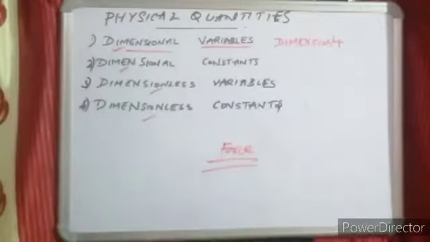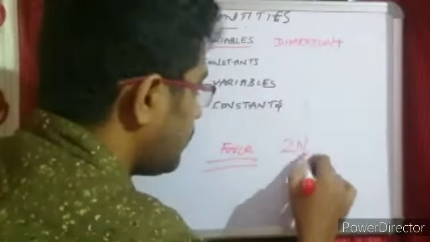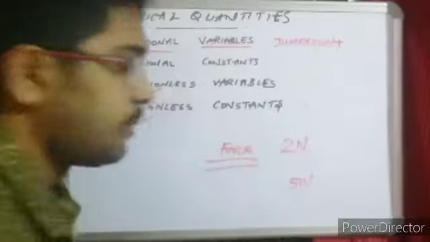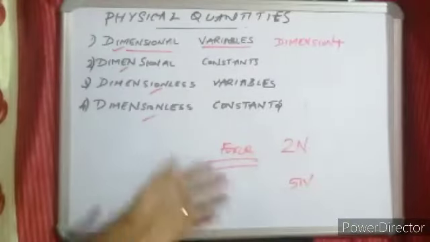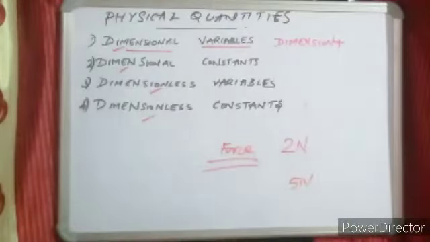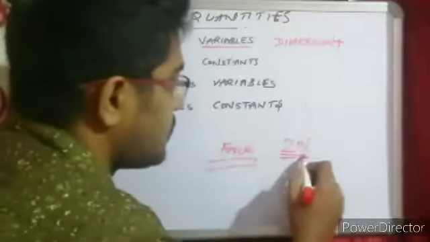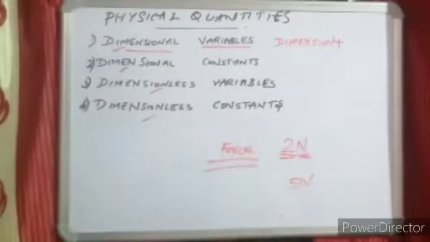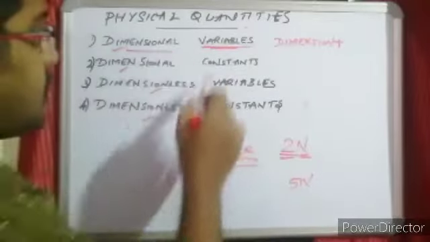Force can be 2 Newton, it can be 5 Newton. So it's a variable actually. The value varies depending upon the magnitude. This is the magnitude, and this is your unit. Newton is a unit and 2 is its value. You call it a magnitude. The value changes, so you call it a dimensional variable.